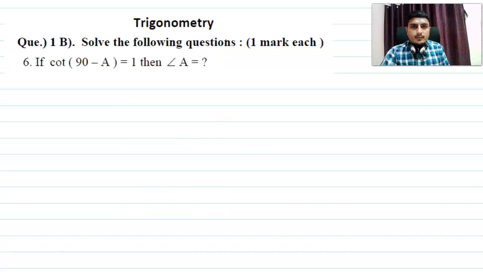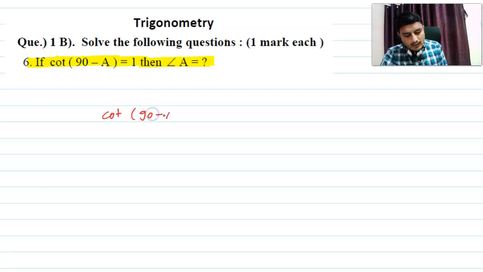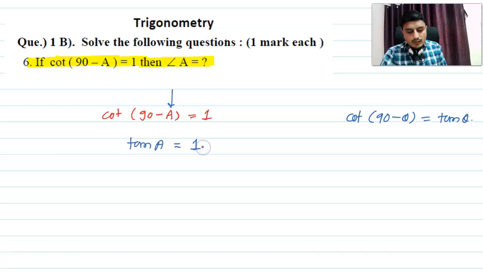Look at question number 6. It is of the form, if cot of 90 minus A is equal to 1, then angle A is equal to. So here we have been given cot of 90 minus A is equal to 1. We well know cot of 90 minus theta is equal to tan of theta. So here theta value is nothing but A, cot of 90 minus A we are getting tan of A, that is equal to 1.